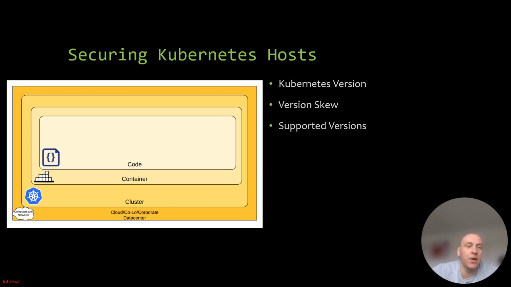So when you are upgrading your Kubernetes cluster, not only do you need to upgrade the API server, but you need to upgrade every single component within the cluster. Normally they only allow one major version SKU. What I mean by that is they only allow a difference of one version.